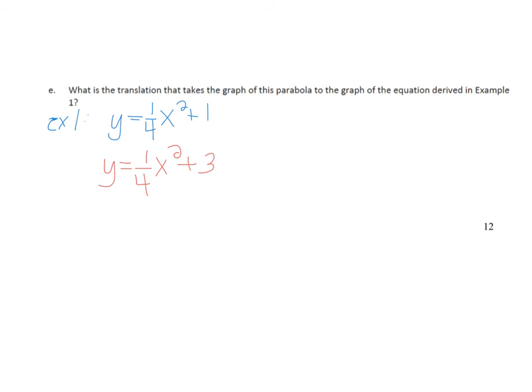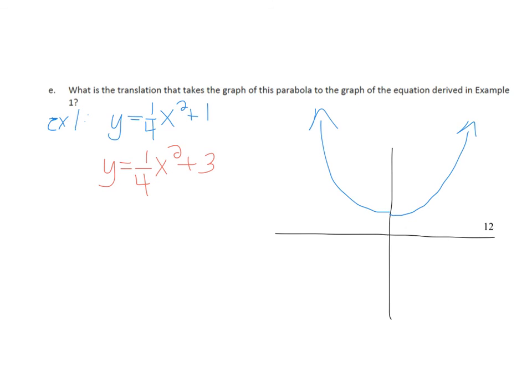So if I sketch a graph of both equations, my first equation in blue says to start at 1, and my equation in red says to start up top at 3.